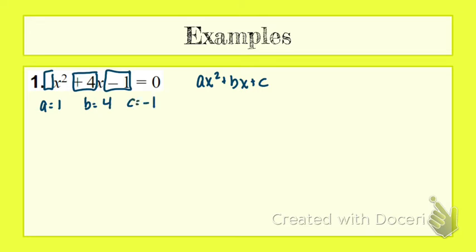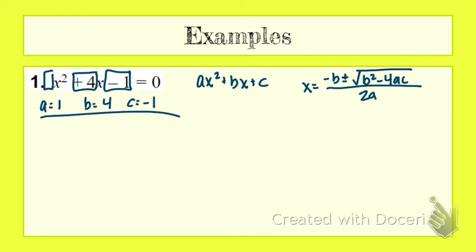So now we're going to plug that all into the quadratic formula, which, reminder, is x equals -b plus or minus the square root of b squared minus 4ac, all divided by 2a. So we are just going to substitute these numbers into that formula.